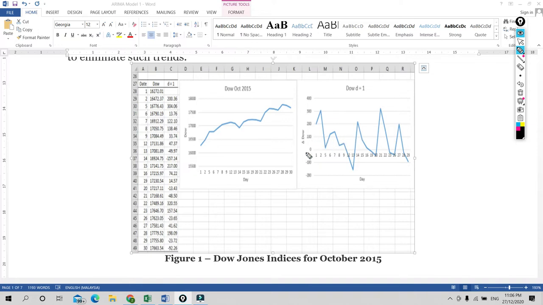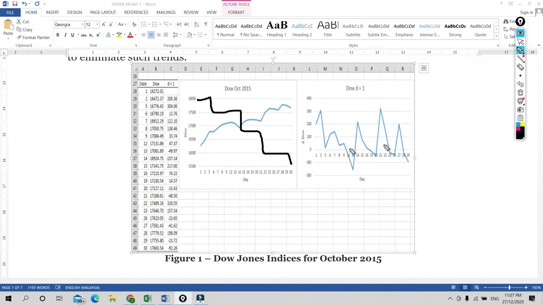So if you draw a graph and find that it shows an upward trend or downward trend, you can do differencing to make the data stationary. When you do the differencing, the model becomes an ARIMA model.